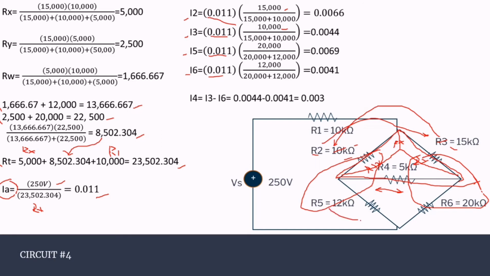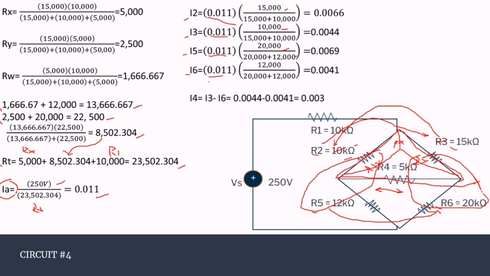Next, for our I5, I5 is the opposite of R6. So 12K will be the numerator, and for our denominator, R5 and our R6, 20K plus 12K. So 20K over 20K plus 12K is equal to 0.0069.